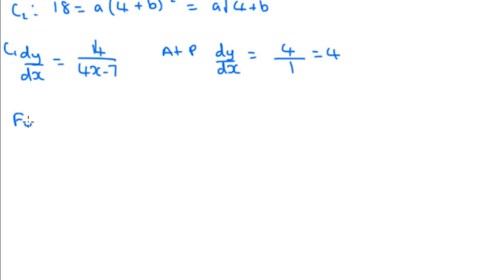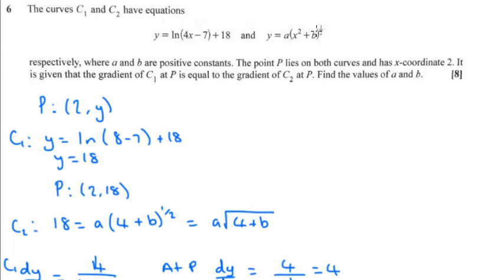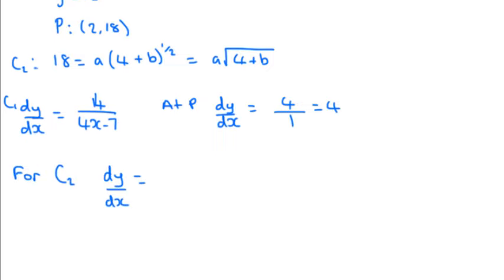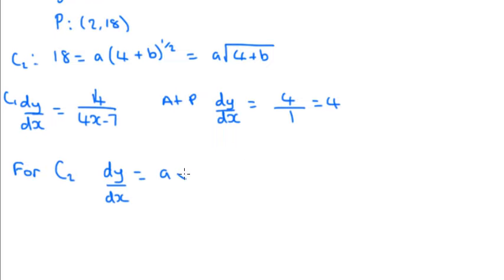So for C2, dy by dx, what do we get when we differentiate this? We're going to, again, pretend this bracket's an x and differentiate it. a is just a constant, so that's just going to stay at the front. So we're going to have a times by, we're going to take the power to the front, the power's a half. We're going to take 1 off the power.